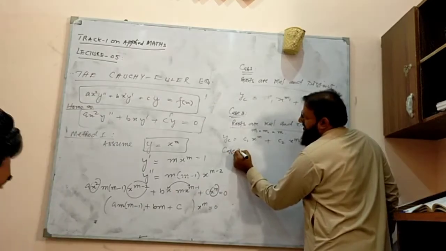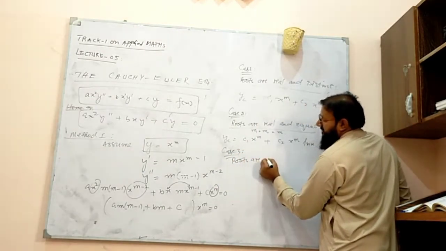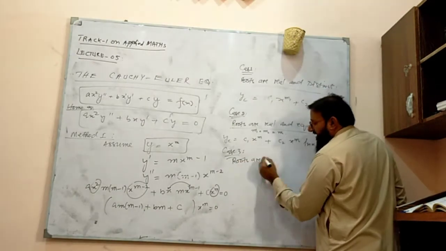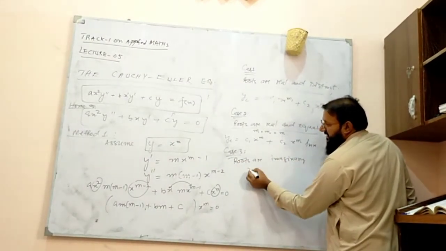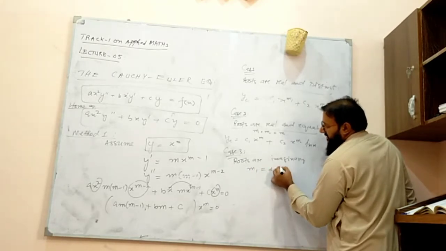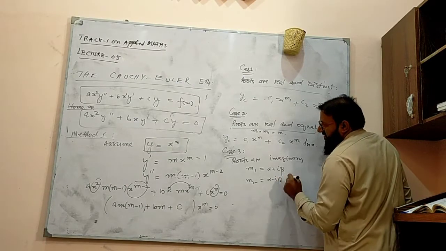Case 3, roots are complex conjugate, or just write imaginary for now. We are assuming m1 is alpha plus iota beta, and m2 is alpha minus iota beta.